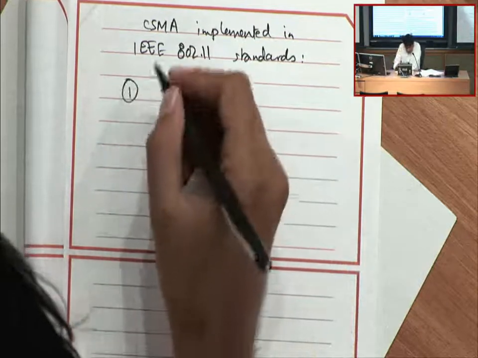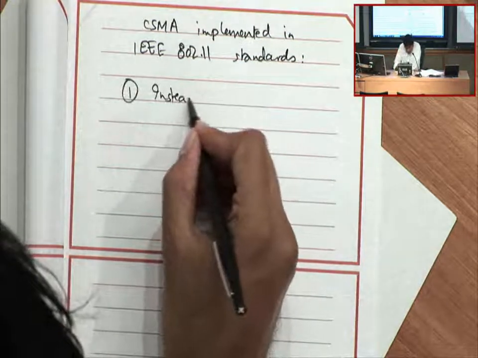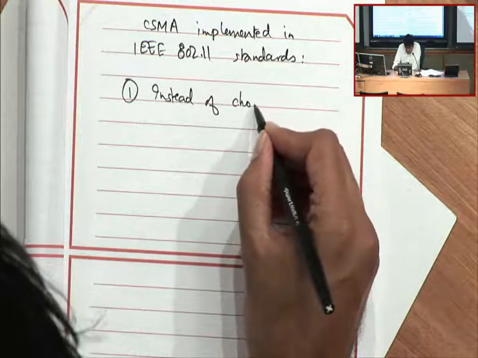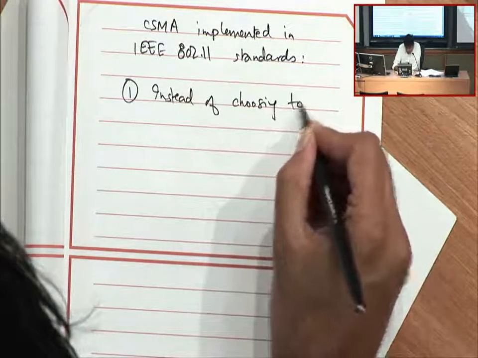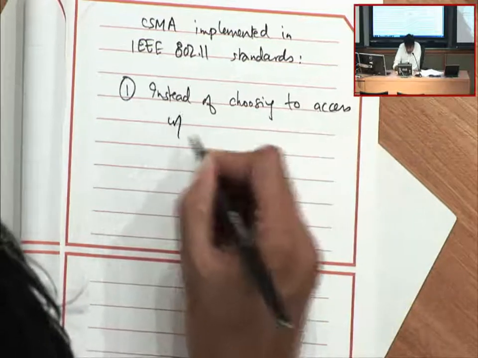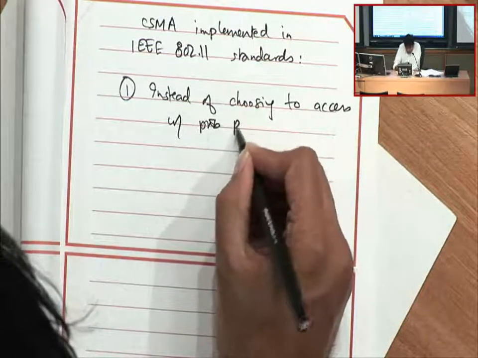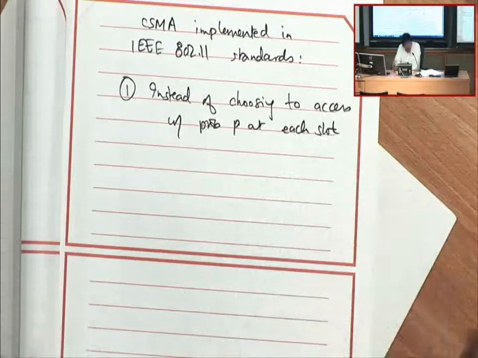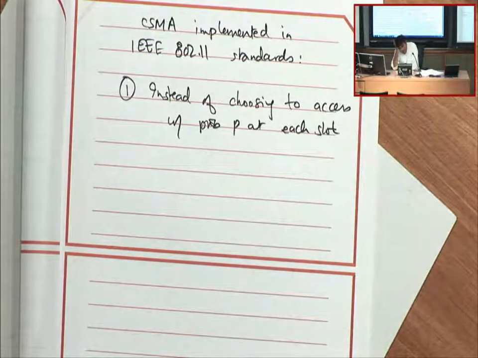The first difference is that instead of choosing to access with probability P at each slot, the number of time steps until you actually try to send a packet is geometrically distributed, right?